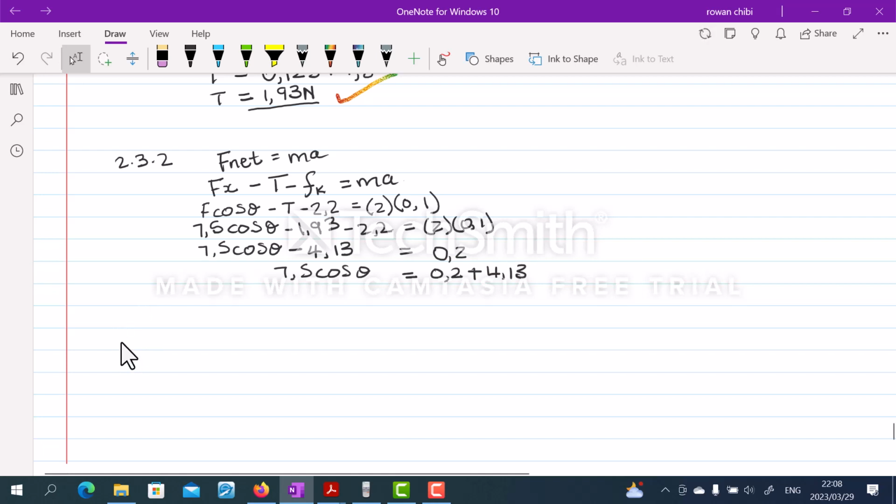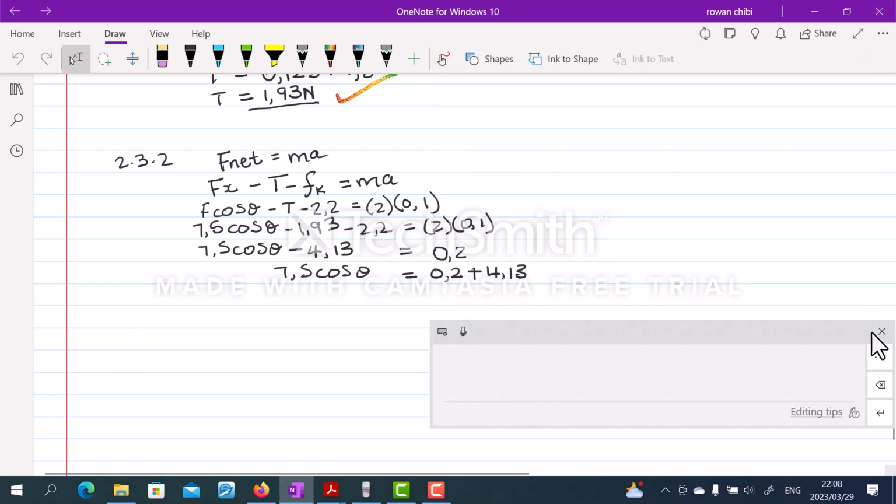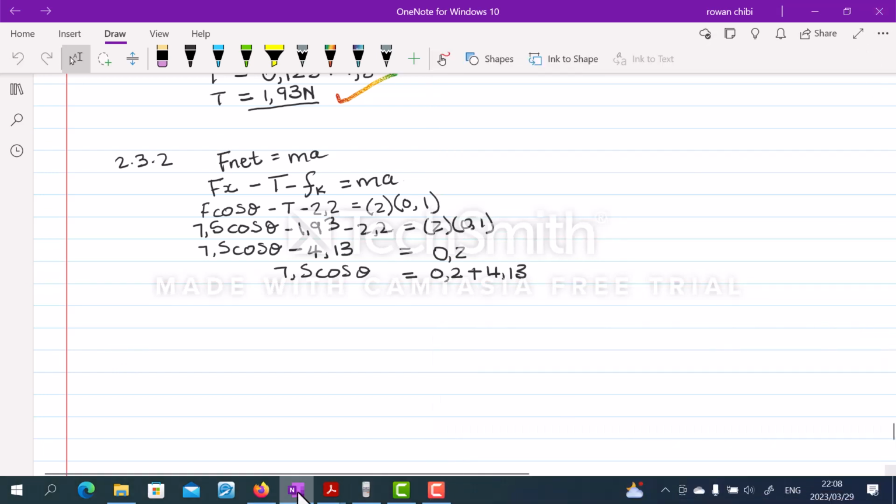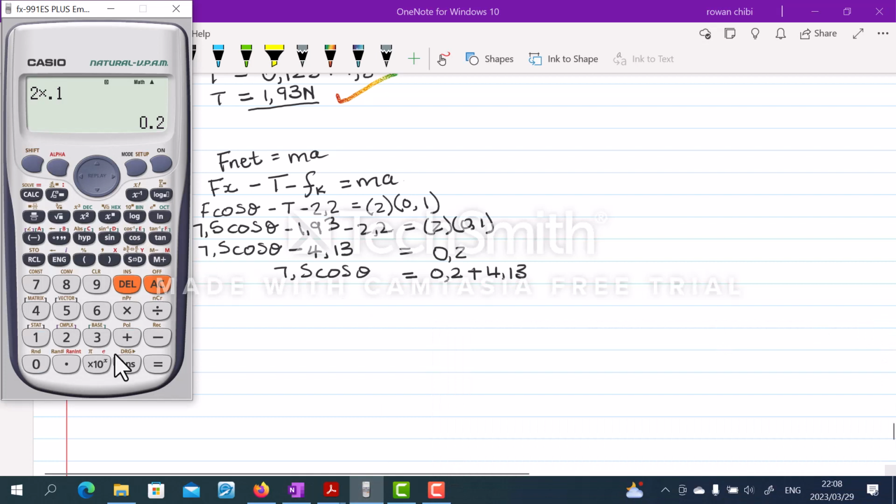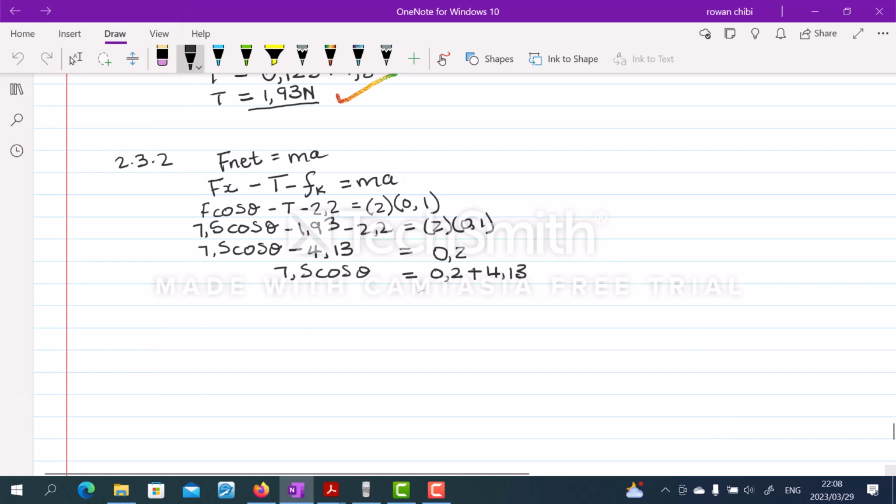Now we have to add these two, so take your calculator again. Plus 0.2, you just add 4.13. Then we have 4.33 on the right.